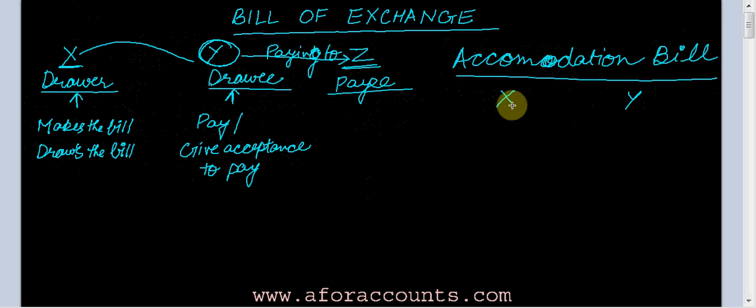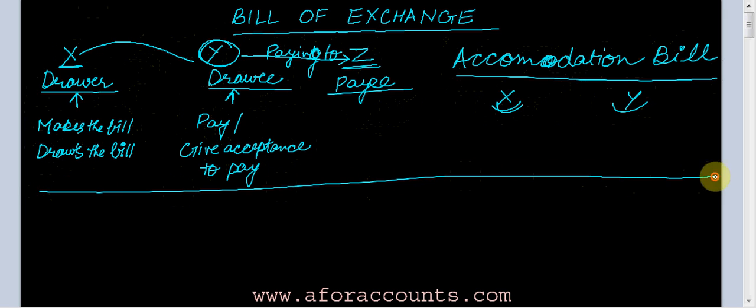That is, some discount is given up and the balance is received, and for the help of each other or for one person's help, we draw an accommodation bill. I will discuss this accommodation bill in detail later. Promissory note. What is a promissory note?